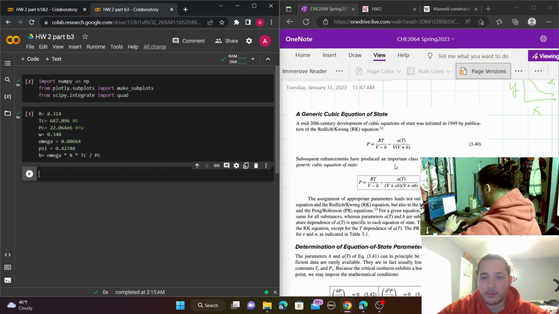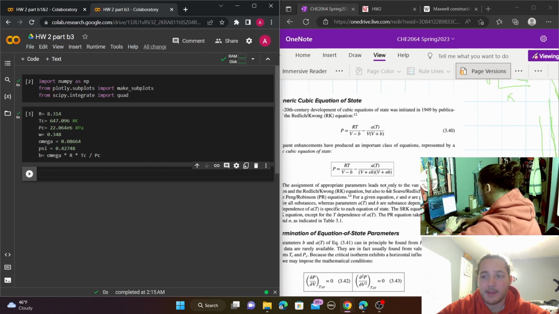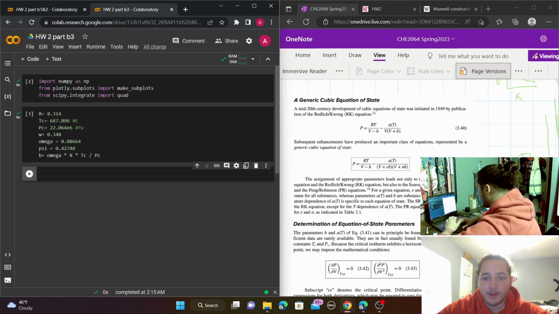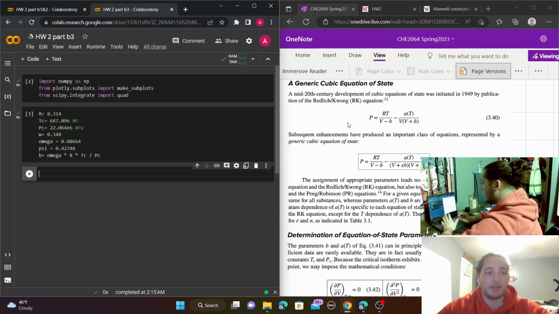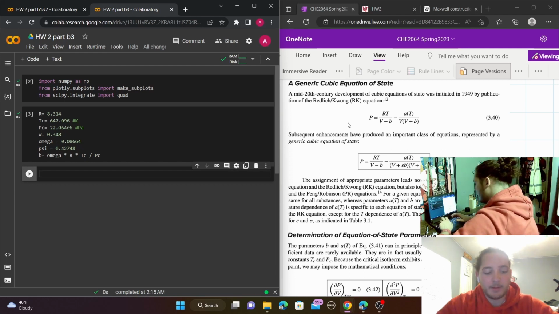One, we need it to solve for any pressure, and then we also need it from where we found our A and B constants here in the form of compressibility. So we need those four parameters in order to solve for what we are looking for.